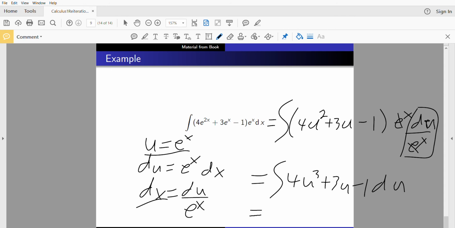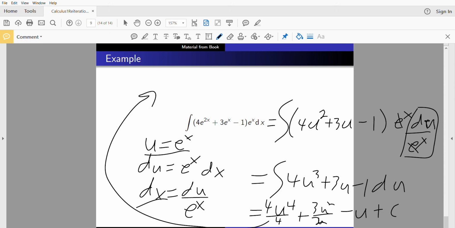And so for the antiderivative, I add 1 to the exponent, divide by that same expression. So I'm going to get u to the fourth, so it's going to be really 4u to the fourth over 4, plus 3u squared over 2 minus u, plus constant c, and then I plug e to the x back into this. Oh, I just made a mistake here, sorry, that's a squared, that's a cubed, that's a 3.